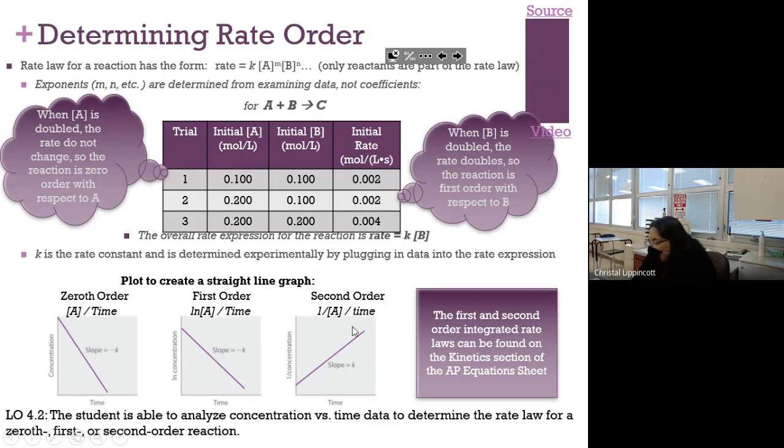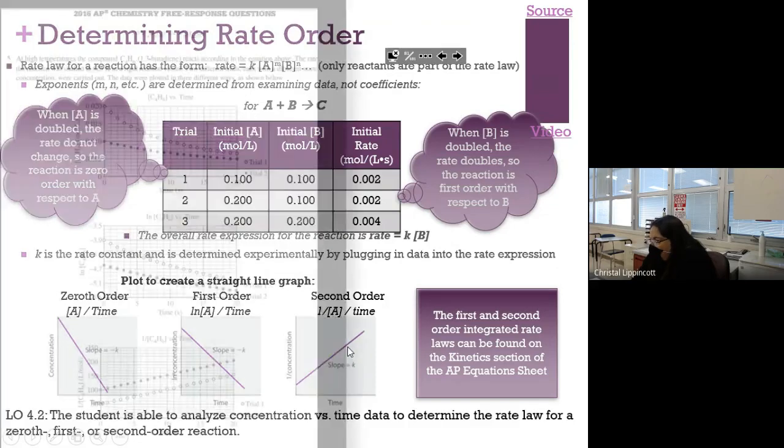Remember these lines. If concentration versus time is a straight line, that's 0 order. If the natural log of concentration versus time is a straight line, then that's first order. And if 1 over the concentration versus time is a straight line, then that's second order.